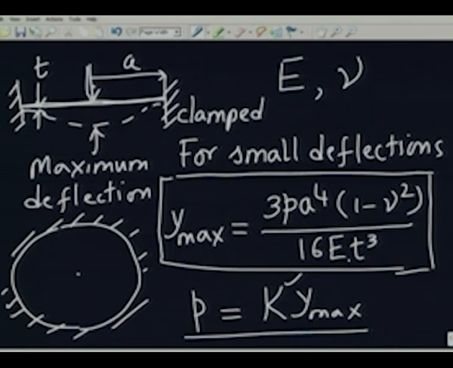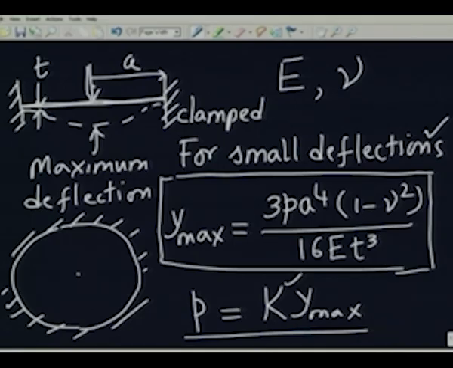A and T are the geometrical parameters, the radius and the thickness, and the Poisson ratio and the Young's modulus are the physical properties of the material, and they combine together to determine the value of K. And this is a linear relationship under the assumption of small deflections that is going to hold good. Therefore, I can use this expression as long as the deflection is very small.